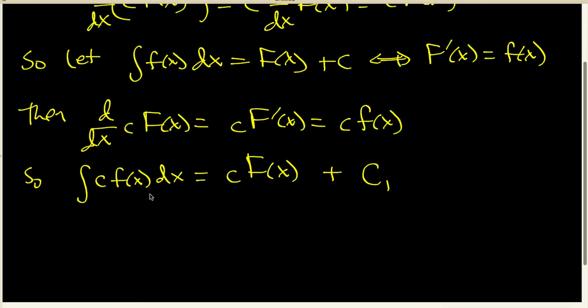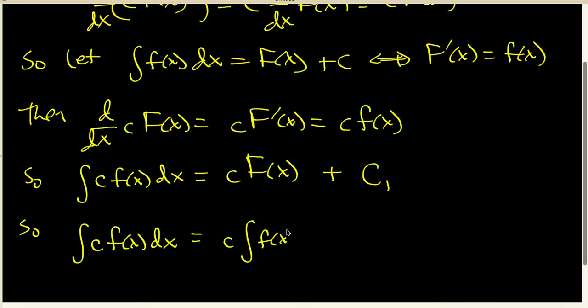But I can also rewrite this completely in terms of integral notation. In other words, I can say that the antiderivative of c times little f of x is equal to c times the antiderivative of little f of x dx. And this embeds this c1 constant as part of this notation. What I want to do now is think in terms of what this is saying.